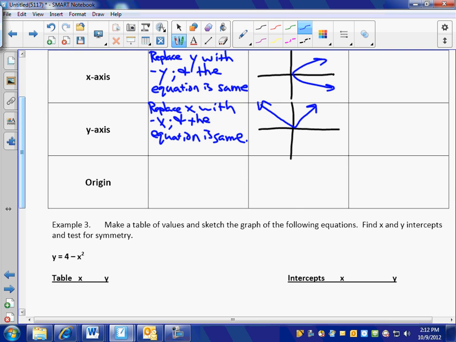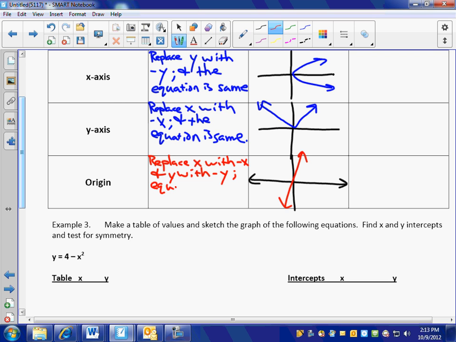Now, finally, if something is symmetrical about the origin, any line that passes through the origin, such as, say, this line, I did my best to pass through the origin, that is symmetrical about the origin. And in that case, we replace x with negative x and y with negative y.